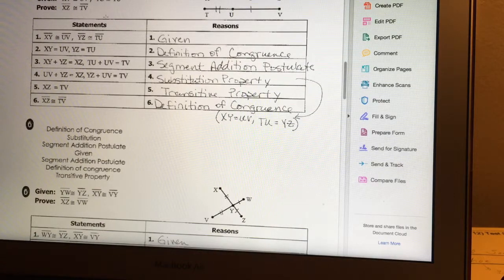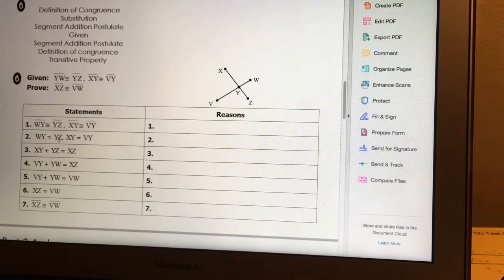All right, so, next. What happened from number 1 to number 2? Well, we look at each one, and notice how this one corresponds with that one, and this one corresponds with the one with XY and VY. So, what happened to segment WY is congruent to segment YZ as we went to number 2?